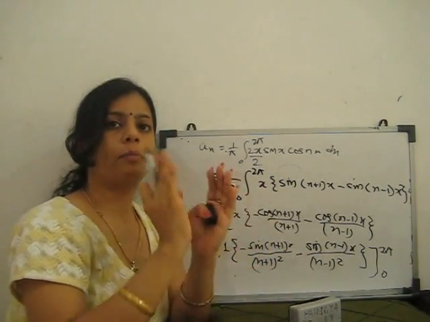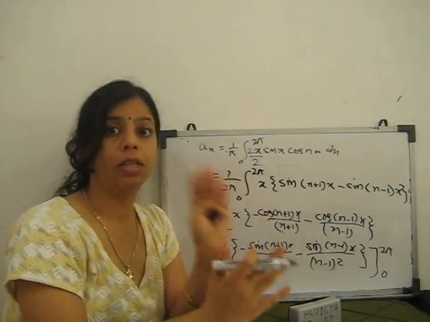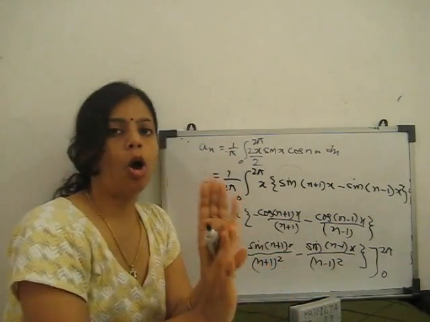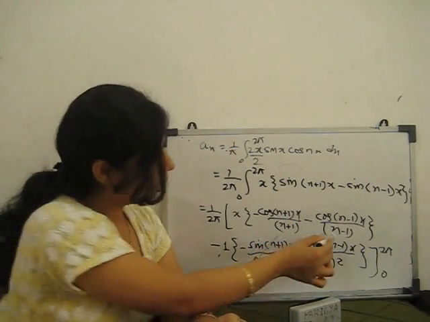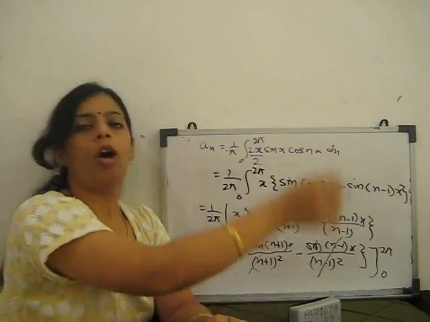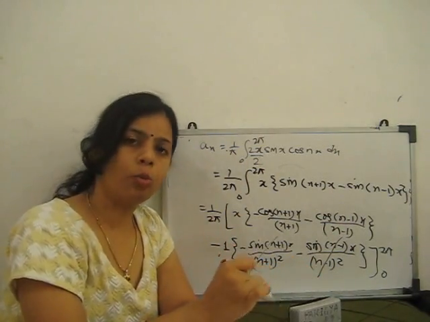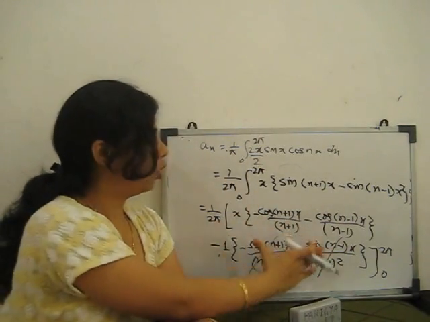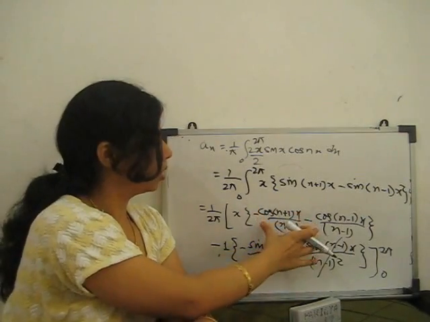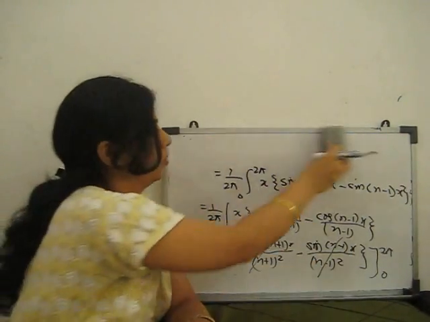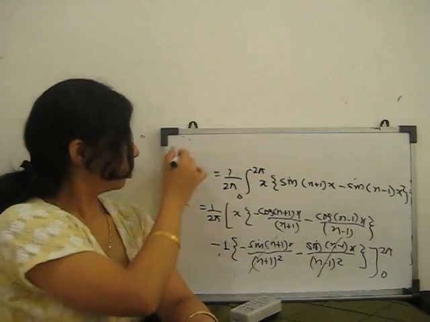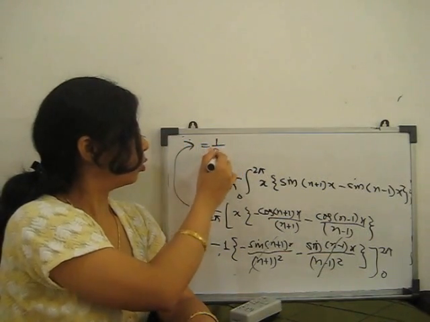Next step, we have to apply the limits very carefully, considering all the signs. Now this sine and this sine, all sines at 0 and 2 pi go to 0. So we do not need to apply them, we just concentrate on this part. So we apply the limit 1 upon 2 pi.